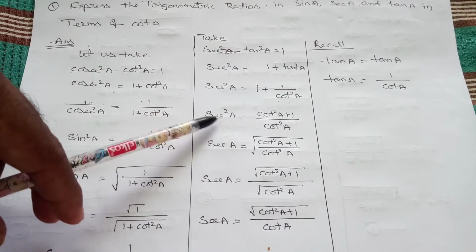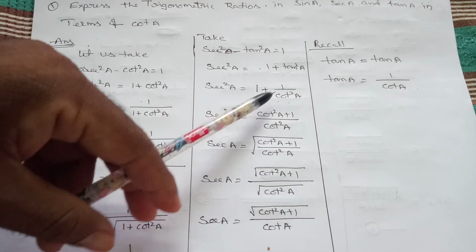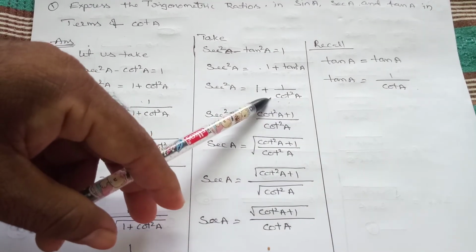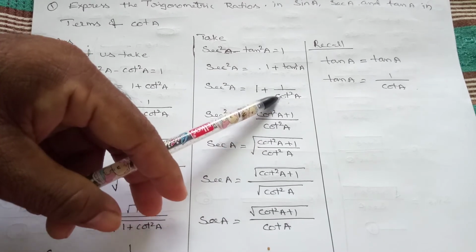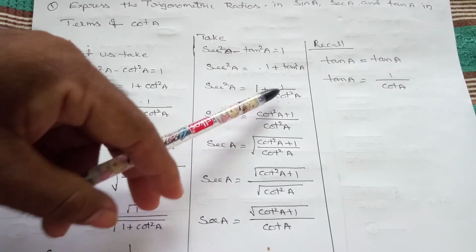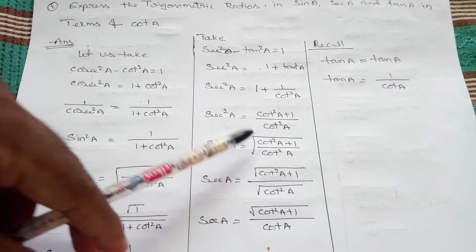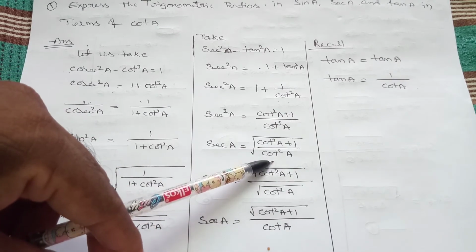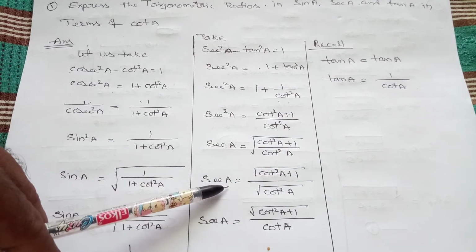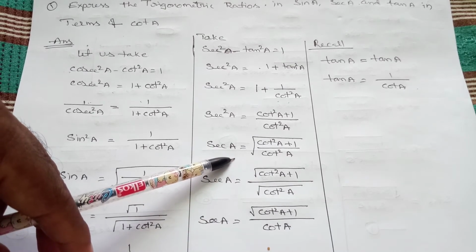Now here, but it is secant square theta. Okay, but here two terms are there. Take the LCM of the two terms, that is cot square theta: cot square A plus 1 by cot square A. Now take the square to the other side: root of cot square A plus 1 by cot square A. And that's all. Here itself we got the answer.